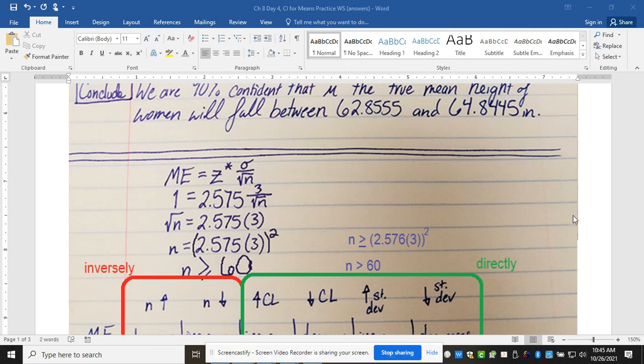Is 59 enough? No. Can you interview half of a person? No. So you have to go up to the next whole number. So you need to do at least 60. So your answer is your lowercase n has to be at least 60.